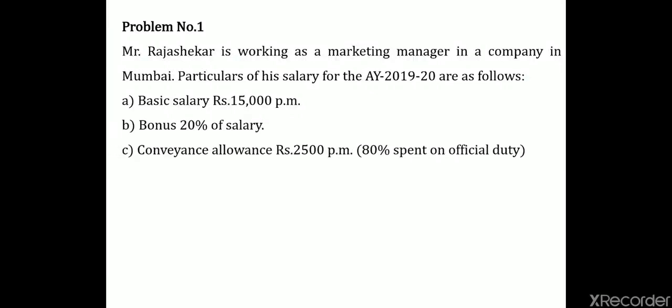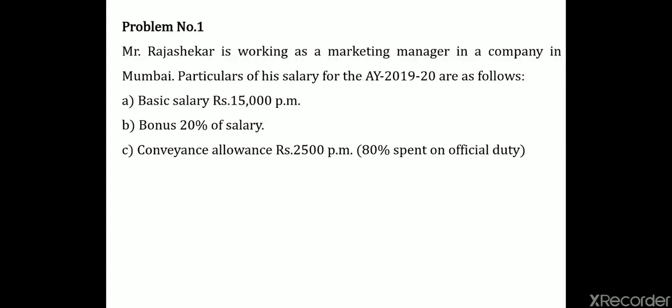And next, conveyance allowance, rupees 2,500 per month. In brackets they have mentioned 80% spent on official duty. Conveyance allowance is taxable to the extent the amount is spent for personal purposes, and the amount spent for official duty or official purpose is exempted.